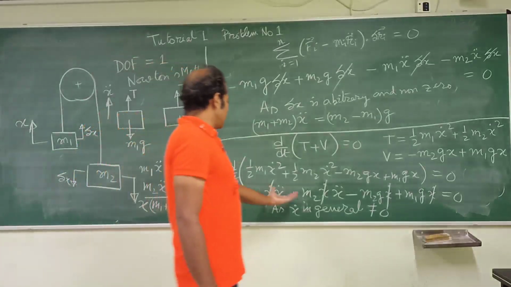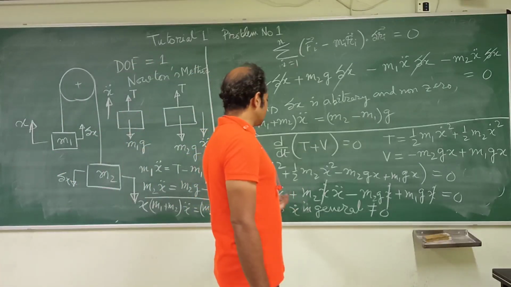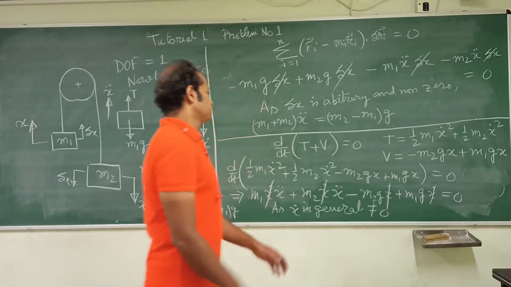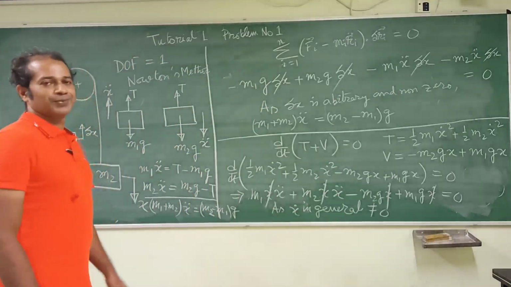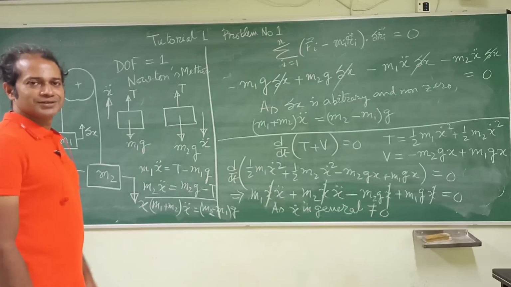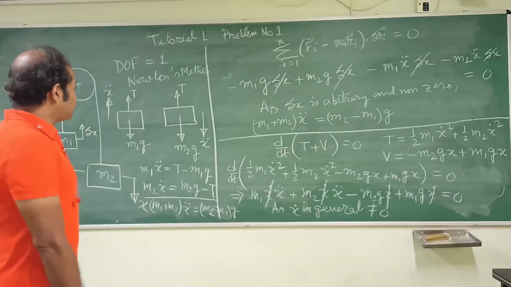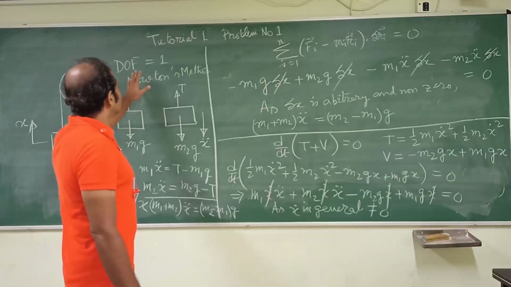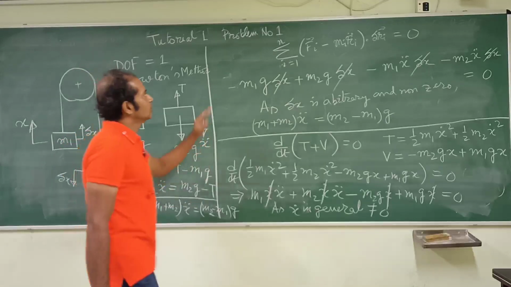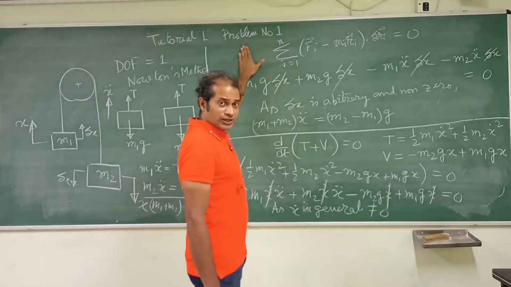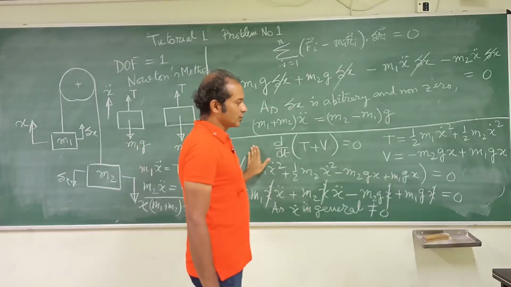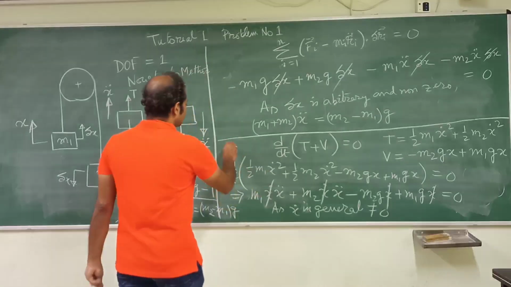So you understand that through this one equation we are going to get the same thing. So bypassing Newton's second law, we got the principle of virtual work and the conservation of energy. But keep in mind, this is for degrees of freedom 1.